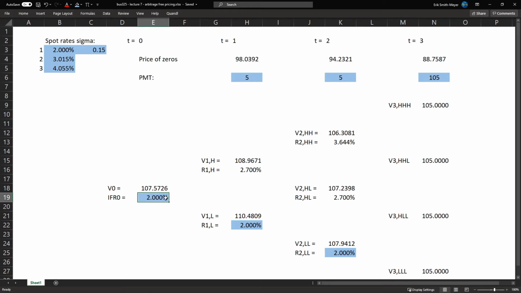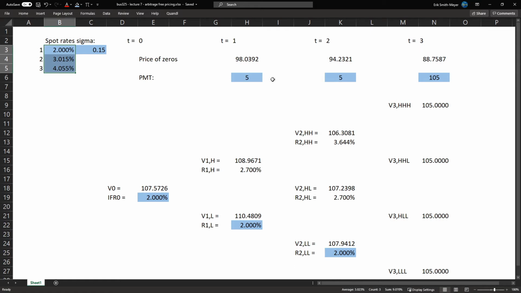So what we need to do is price a zero with our tree and make it equal to the market price of the zero. These are the market prices of the zeros given the spot rates. So let's get to it.